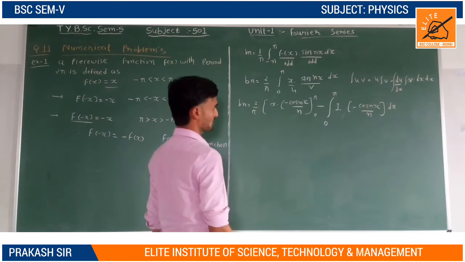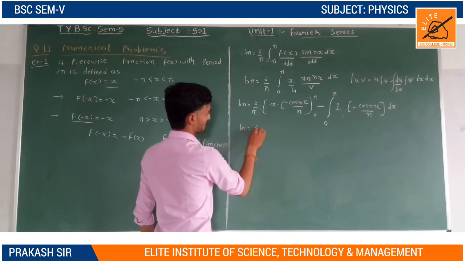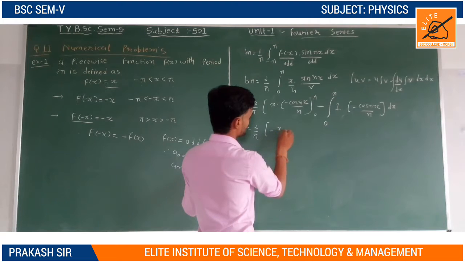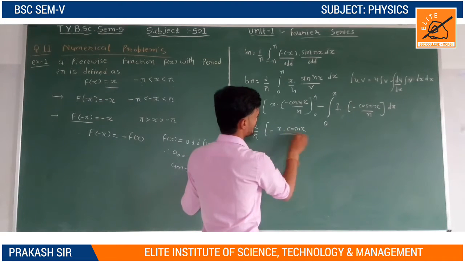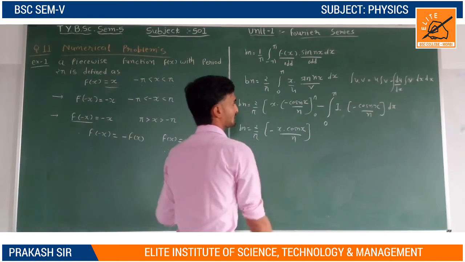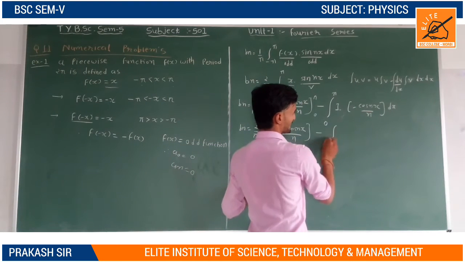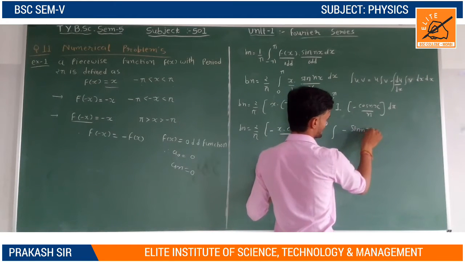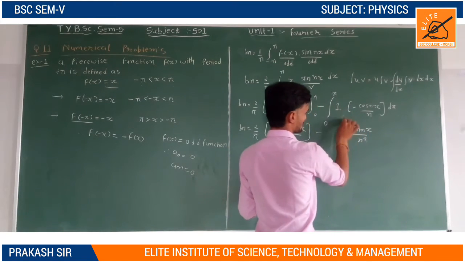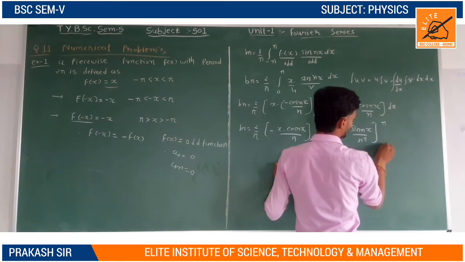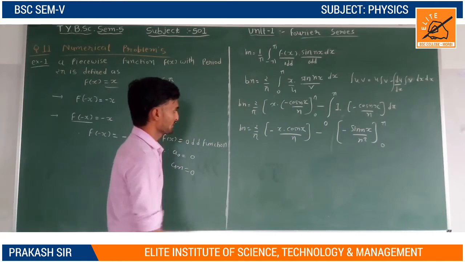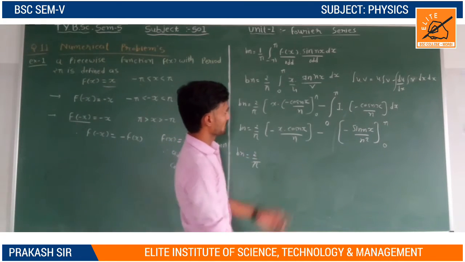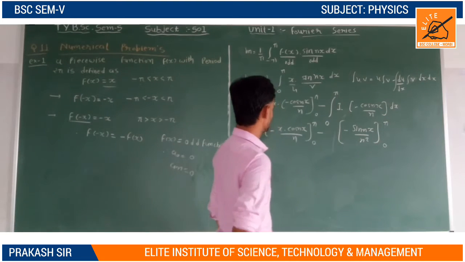Now again integrating cos nx gives sin nx upon n square, with upper limit and lower limit.